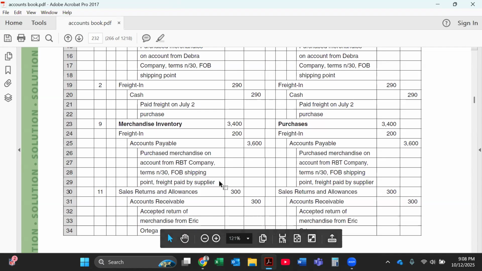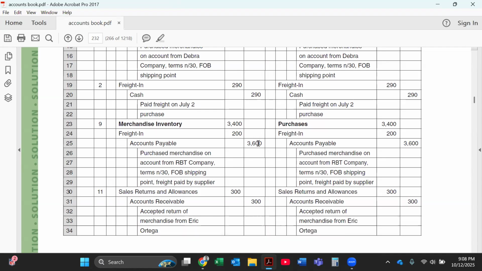So a part of that 3,600 we have to pay back to the supplier includes $200 in freight. So whenever we see freight paid by the supplier, we have to make sure that we don't put that entire amount to the merchandise or the purchases account because, for proper keeping track of things, that freight is freight and we have to put it in a freight account.